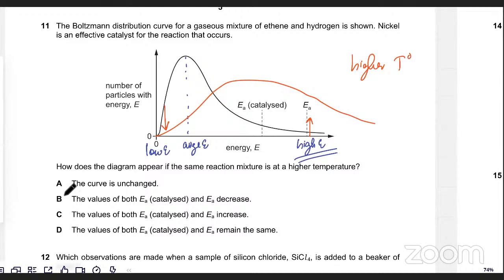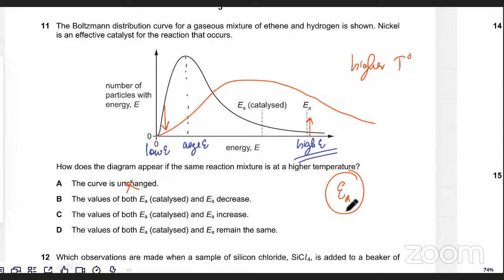So the curve is unchanged. That's obviously wrong. So the values of both EA catalyzed and EA decrease. Remember, you're just changing the temperature. Nothing happens to the activation energies. The only thing that changes activation energy is a catalyst. Temperature is not going to.